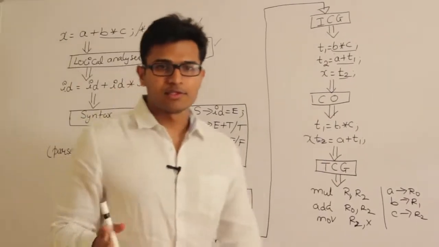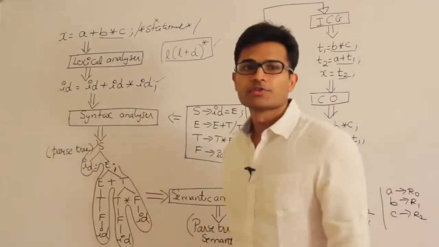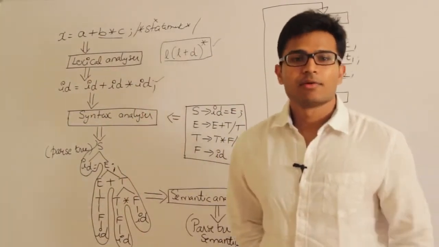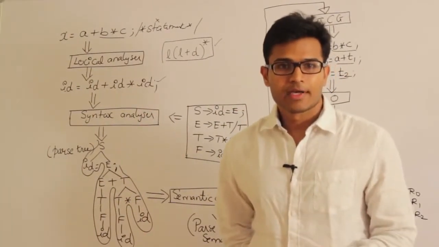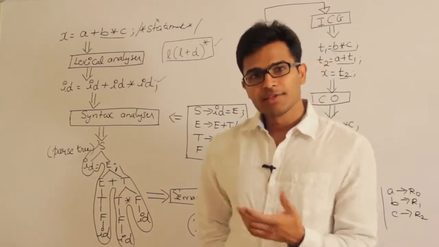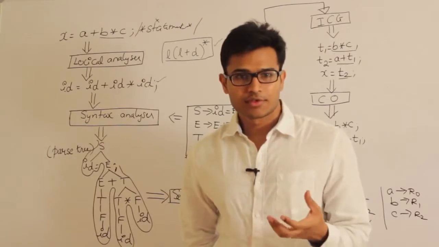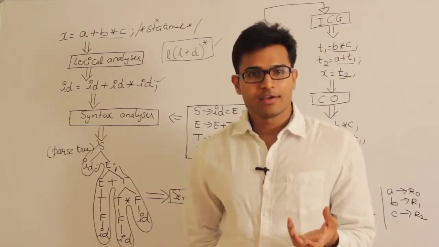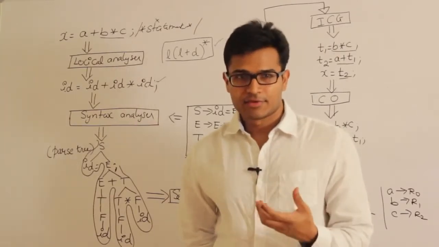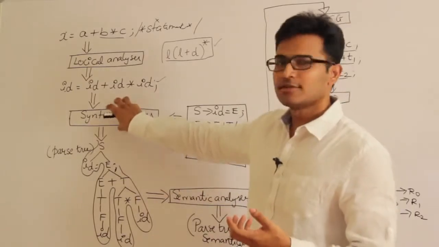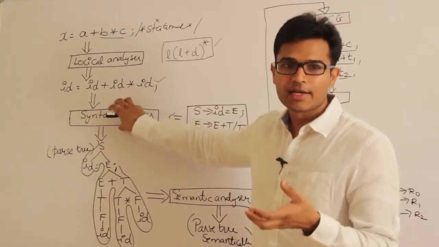So theoretically this is what all the phases are supposed to do, but practically, when you come to the implementation of compilers, we really don't have all these phases. Most of the jobs or functions are done by the syntax analyzer itself, which is generally the heart of the compiler.